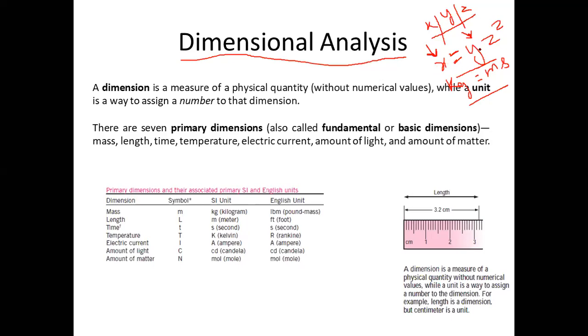When you check the units, the unit of x came out to be kilogram, and the unit of y into z square came out to be meter into seconds. So I'm asking whether this correlation is correct or wrong.